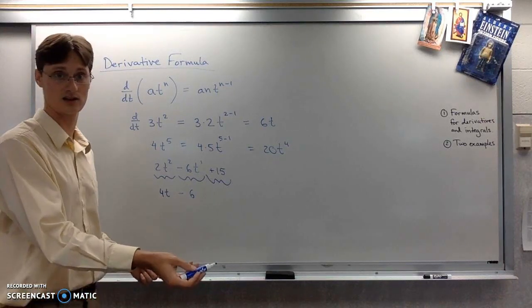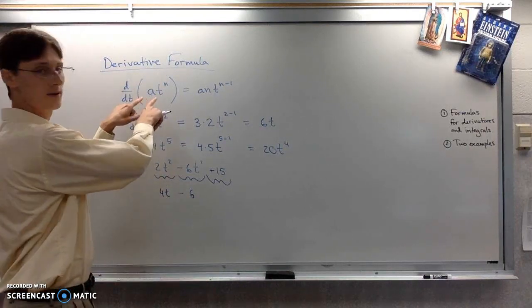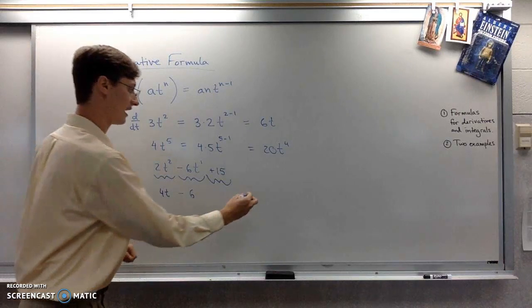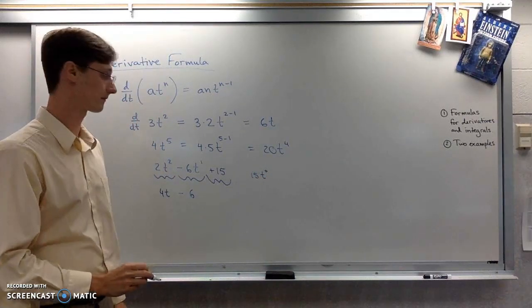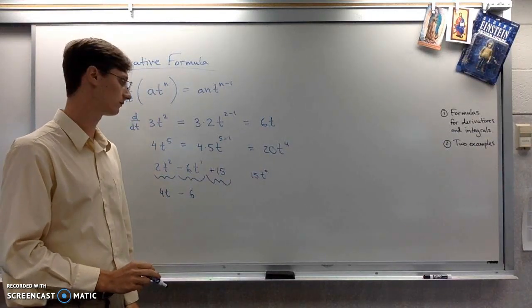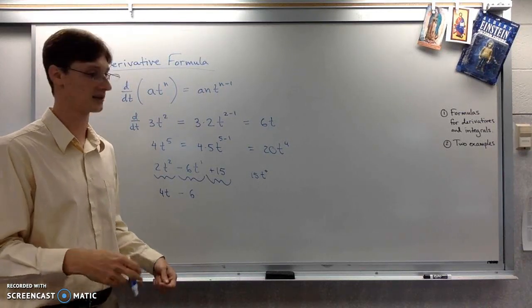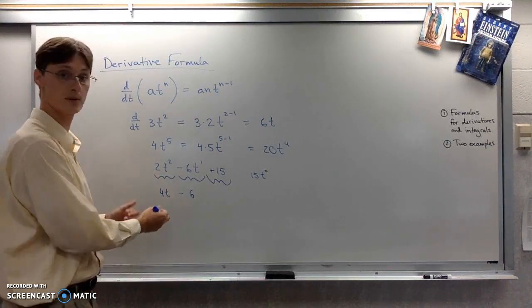So any constant terms always have a derivative of 0. That actually does fit with this formula, because you could think about 15 as being the same as 15t to the 0. So therefore, a n would just be 0. And then you wouldn't have to worry about the rest of it because it doesn't matter what the new power is for t. Okay, so there we are.